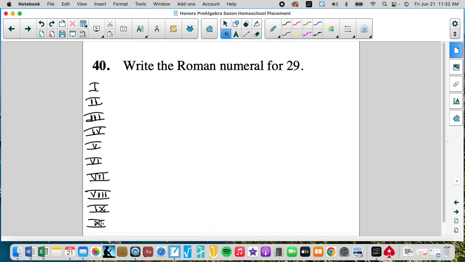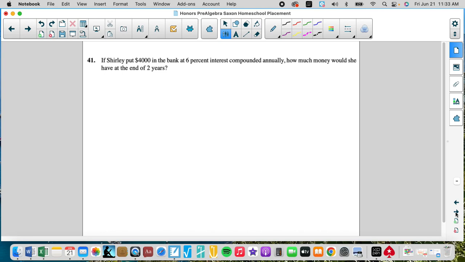So 29 is going to be, right, you have 2 10s. So you have X, X, and then you have 9, which is IX. So that's what it would look like, XXIX. So cool. Love this question. It's like Latin. It's a long forgotten technique. So that's a fun one. Glad they went back to that.